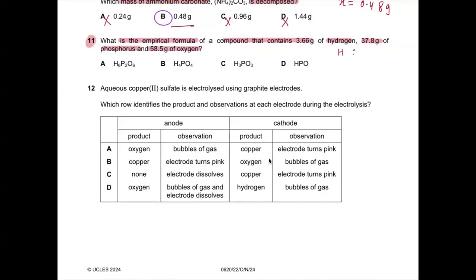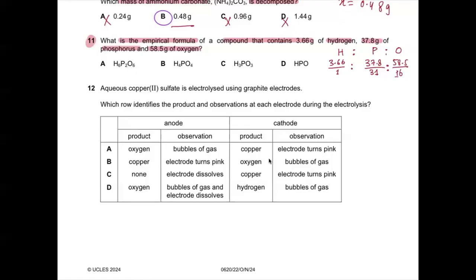So we have hydrogen, phosphorus, and oxygen. The mass of hydrogen is 3.66, which is going to be divided by its AR, which is 1. Phosphorus is 37.8, divided by its AR. You can find the AR in the periodic table, it's 31. And mass of oxygen, which is 58.5, divided by its AR, which is 16.